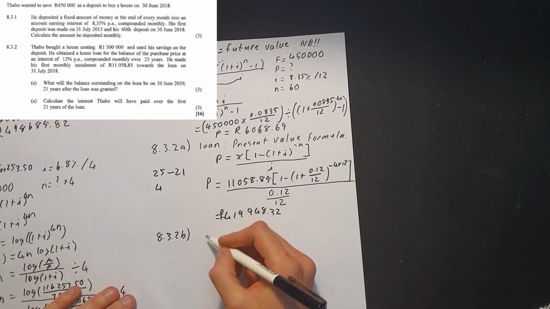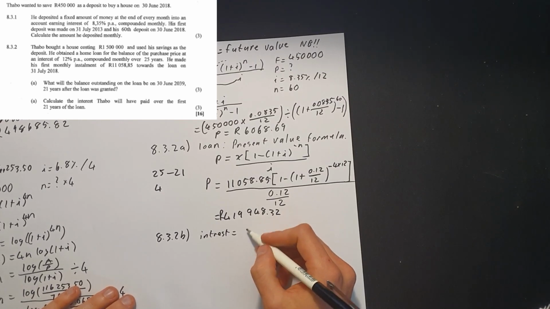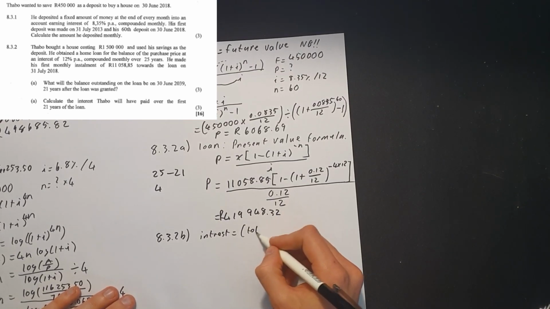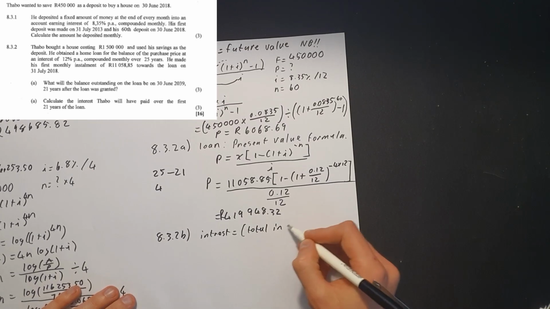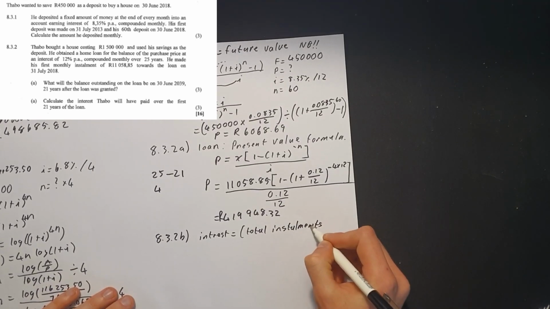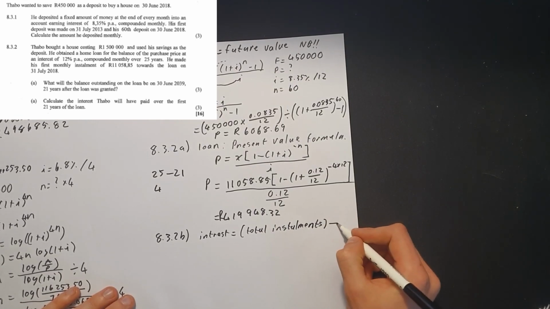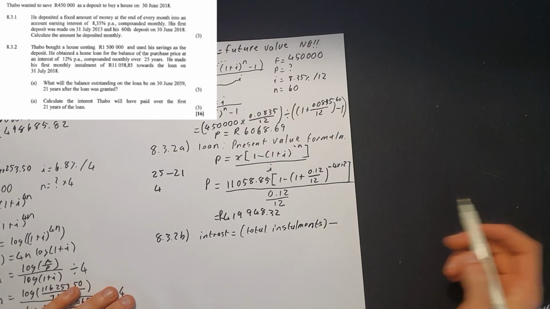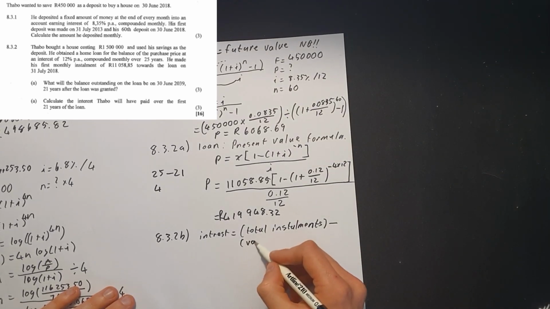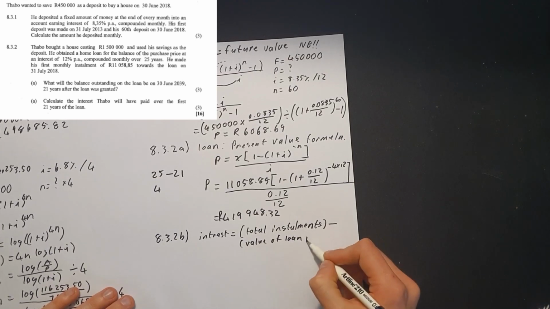So the formula here will be: interest equals total paid from installments, so total installments, and then we're going to minus off the value of the loan paid.